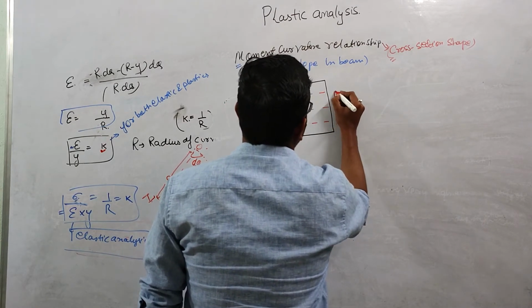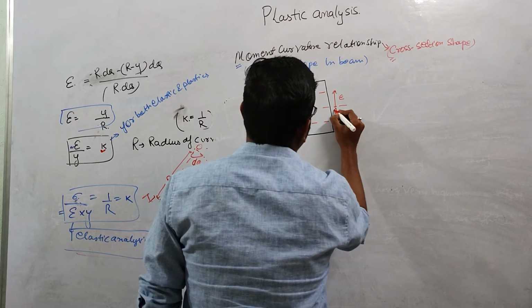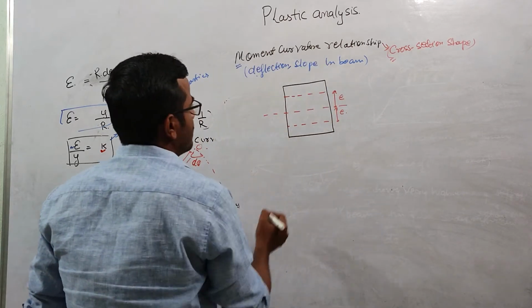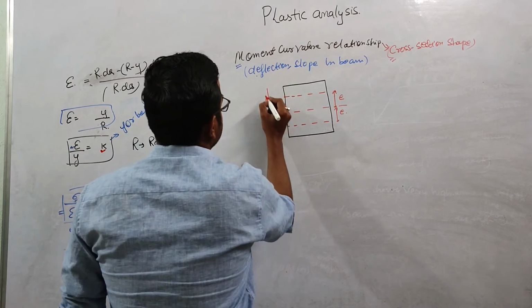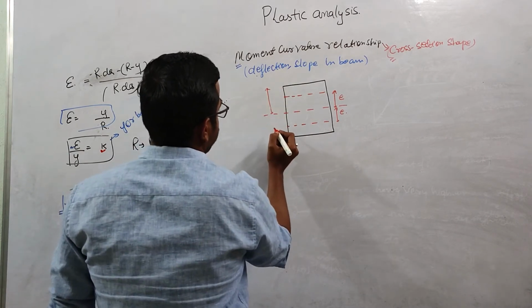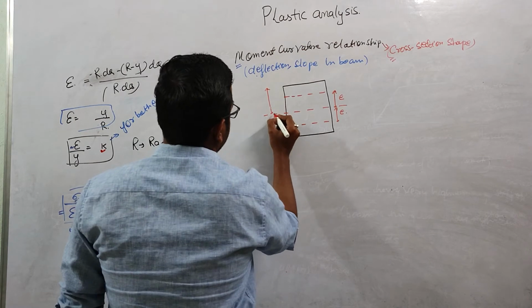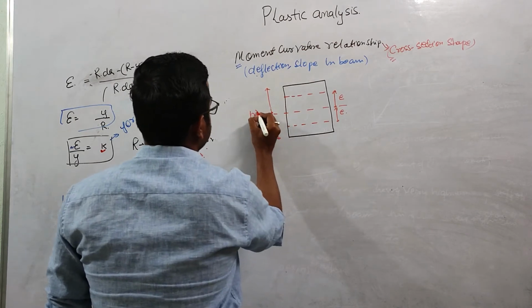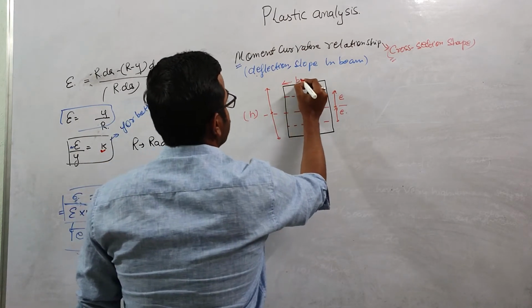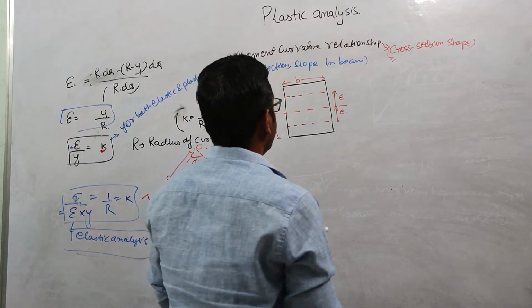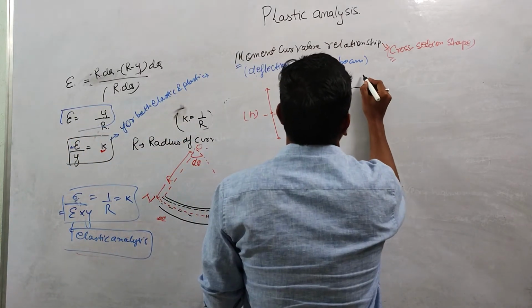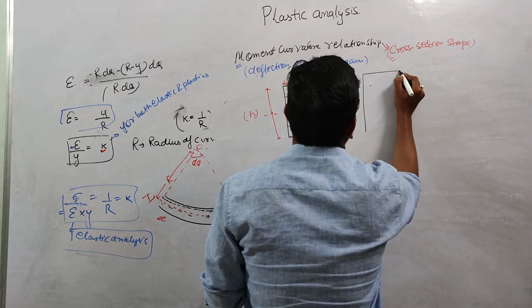And let us suppose this is e, so this is our elastic core. This total distance is H and this is B. So if you look at the stress diagram for this case, the stress diagram will look like this.